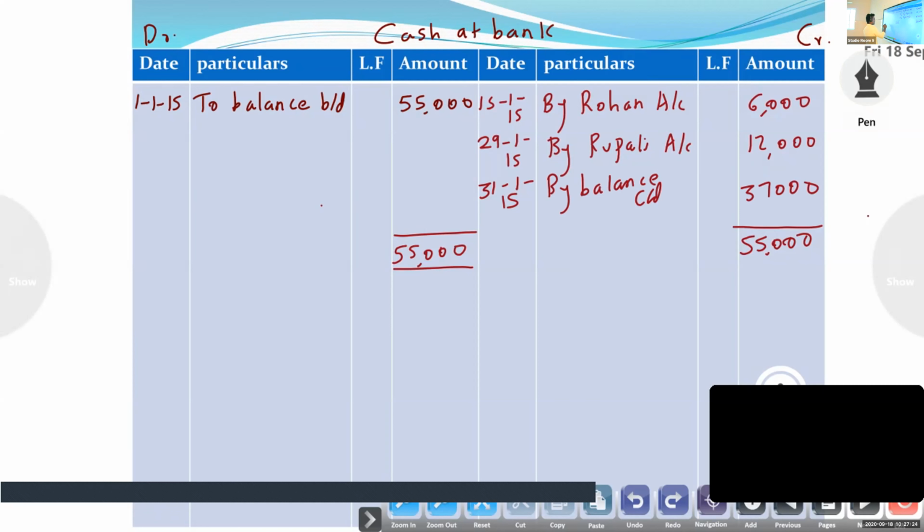That will be the opening balance of next month, 1/15 to balance BD. Okay, so the bank account is over.